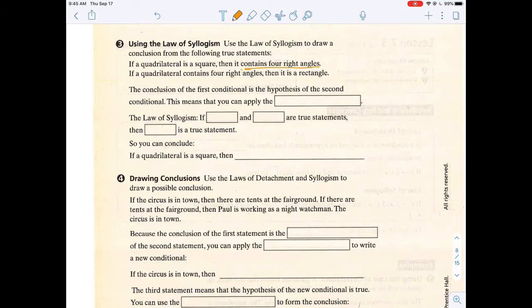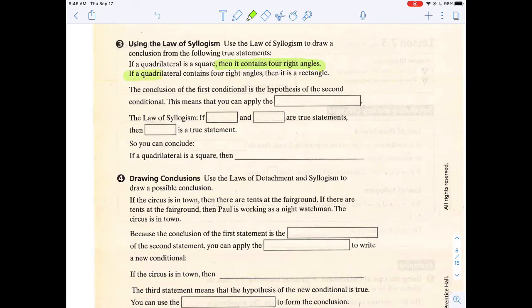Okay, using the law of syllogism. Use the law of syllogism to draw a conclusion from the following true statements. If a quadrilateral is a square, then it contains 4 right angles. If a quadrilateral contains 4 right angles, then it is a rectangle. The conclusion of the first conditional is the hypothesis of the second. So right here it says, then it contains 4 right angles.